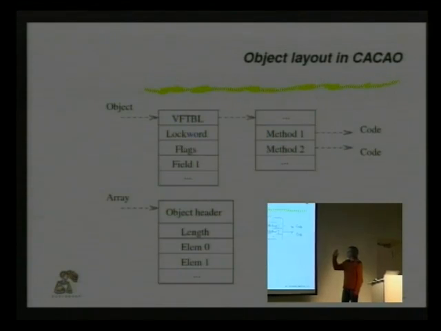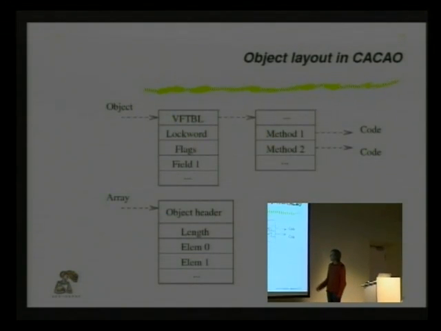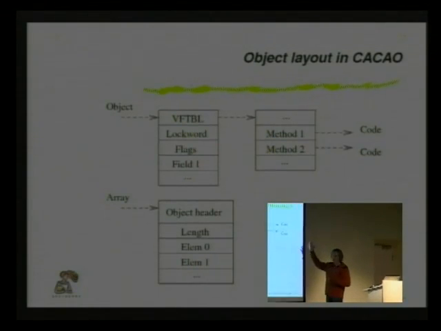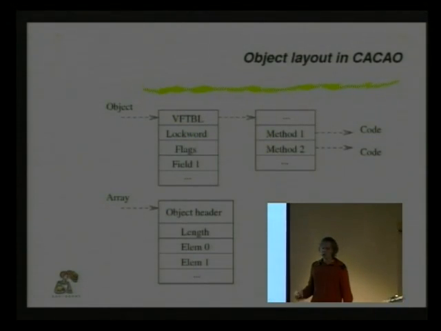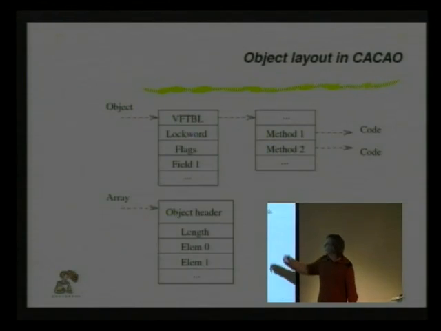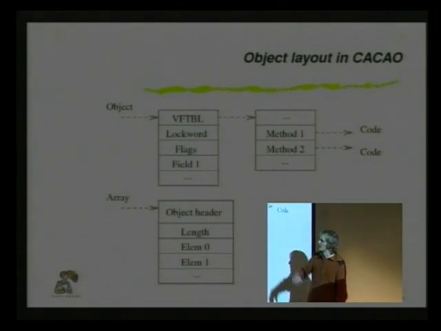We want now to construct such a data structure from within Java code, and we can use arrays to construct such a thing. We can use a byte array to put some executable machine code into the byte array. We can use an array of integers of the native word size to create such a virtual function table, and we can use such an integer array to create this object header.